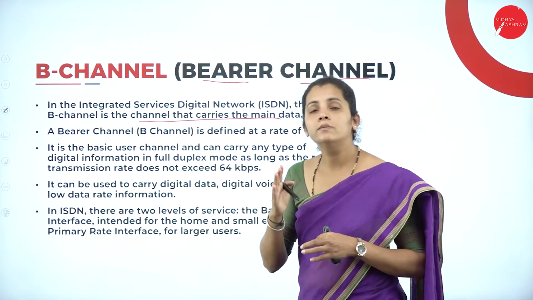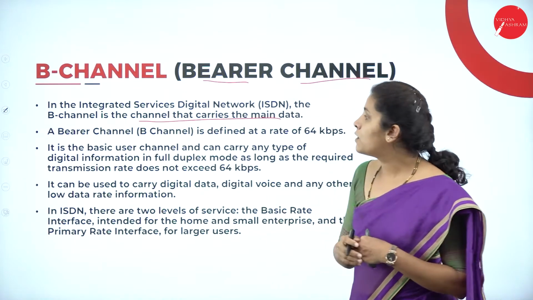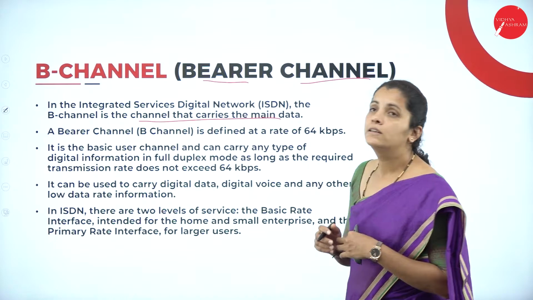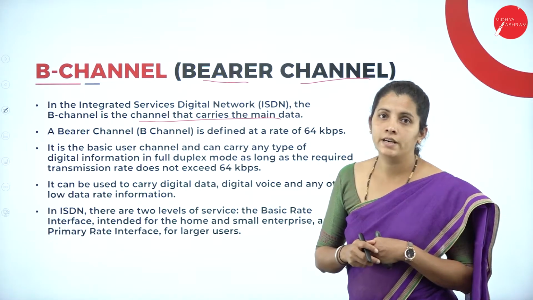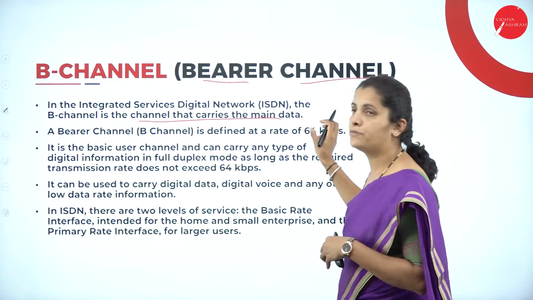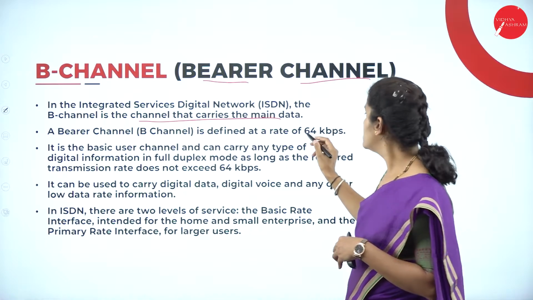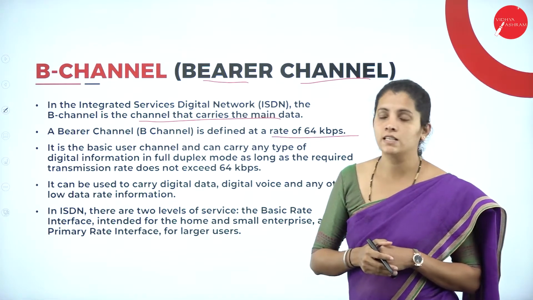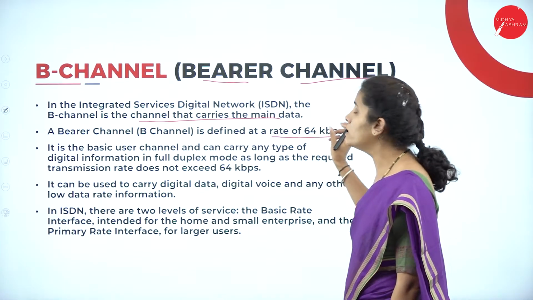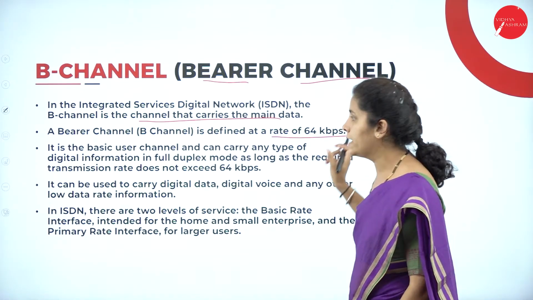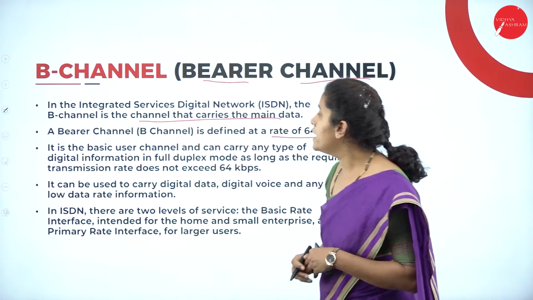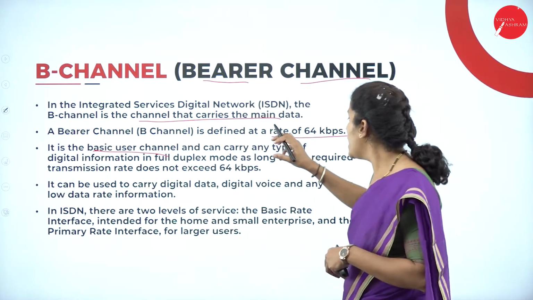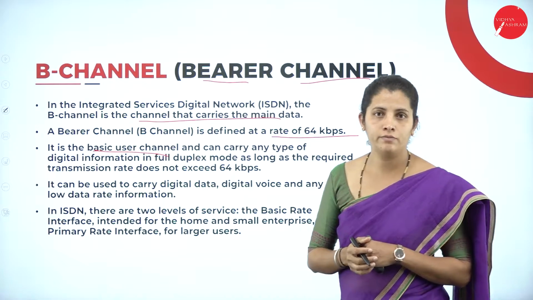The bearer channel is also defined as the B channel, and the data transfer rate here is 64 kilobits per second. I repeat, the B channel data transfer rate is 64 kilobits per second, and it is the basic user channel and can carry any type of digital information.